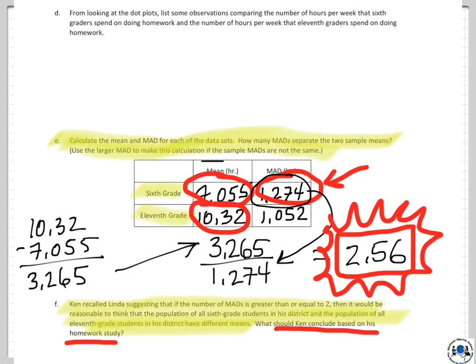We saw it in the raw data, the means from both random samples of 20, and then here we have two mean absolute deviations separating these two means. Because of that, there is enough of a difference that we can safely conclude that this difference is due to something other than plain and simple sample variability.